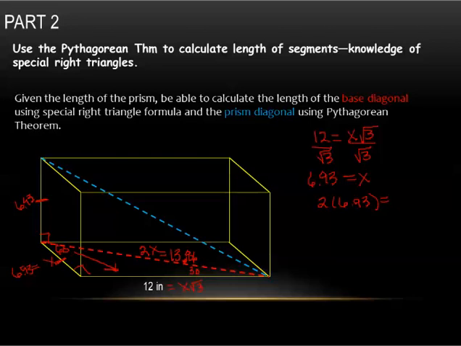Okay, so let me draw that out here. This is what my triangle looks like now. I know this side is 6.93. I know this down here is 13.86. And I've got to figure out what the blue dashed line is.